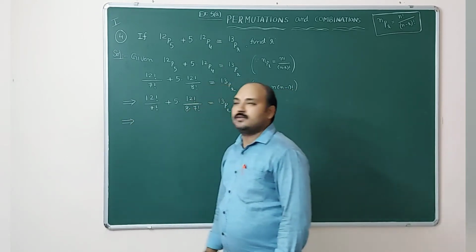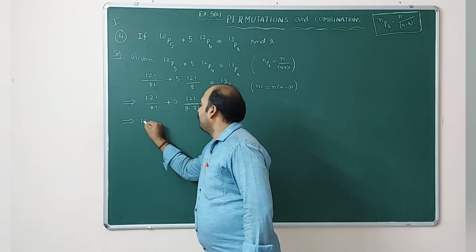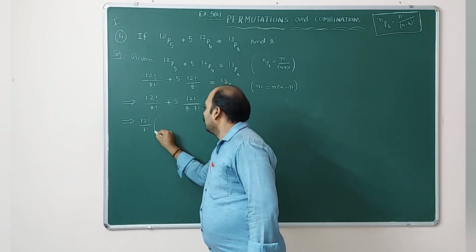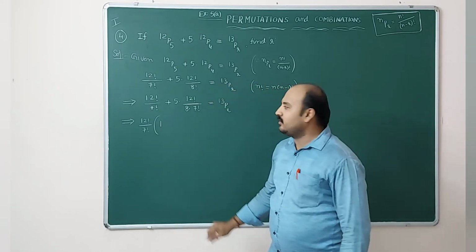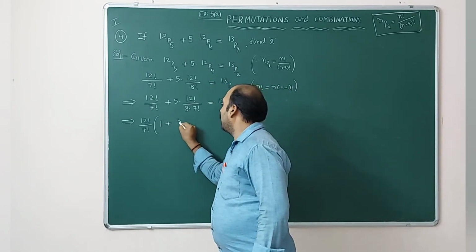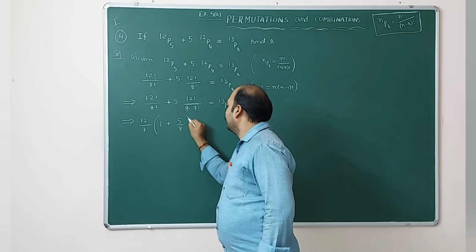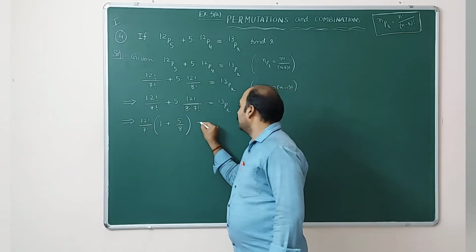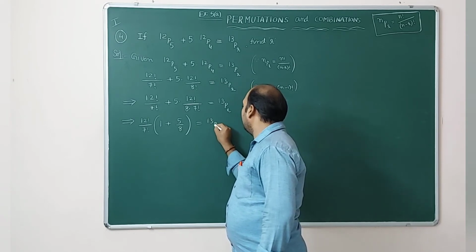That implies 12 factorial by 7 factorial, the rest of the term is 1 here, plus 5 by 8. 12 factorial by 7 factorial we have taken common. So which is equal to 13Pr.